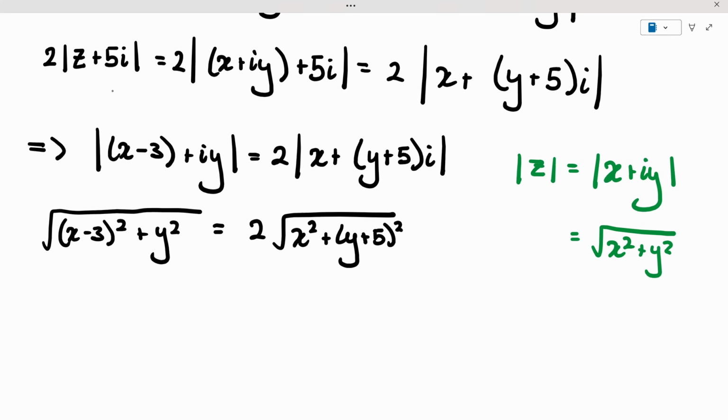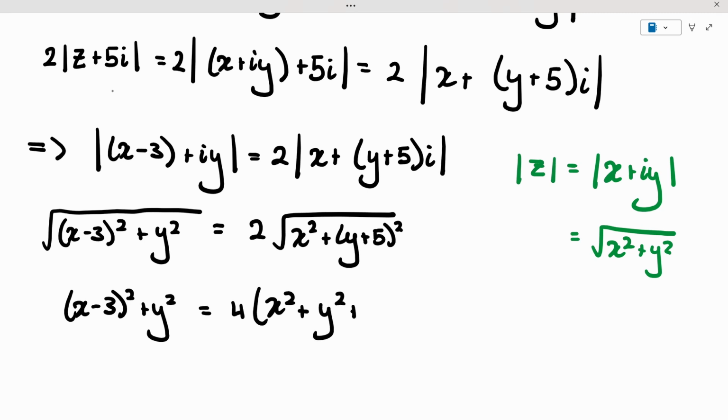So we could square both sides, we'll get x minus 3 squared plus y squared equal 4 into x squared plus y squared plus 10y plus 25. And we expand the brackets one time.